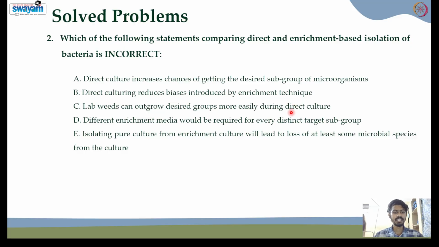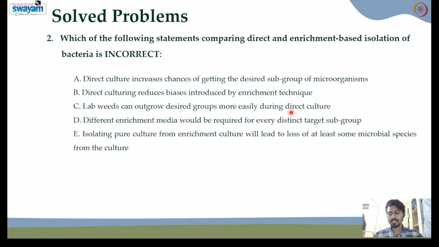Option C, the lab weeds can outgrow desired groups more easily during the direct culture. Option D, different enrichment media would be required for every distinct target subgroup. And option E, isolating the pure culture from enrichment culture will lead to loss of at least some microbial species from the culture. So among these statements, which is incorrect in comparing the direct and enrichment based isolation of bacteria?